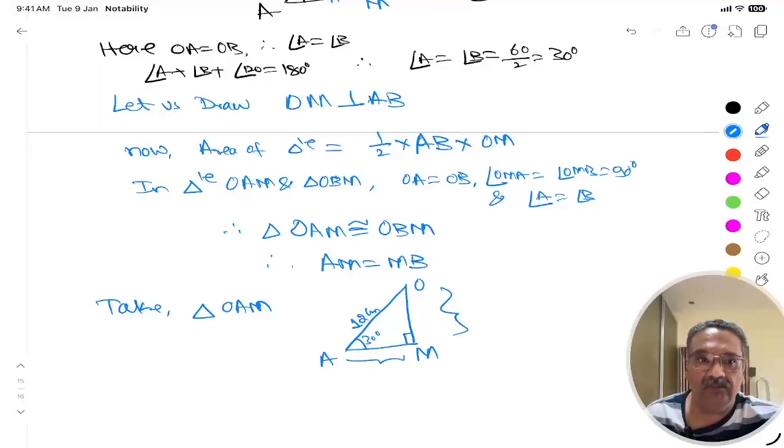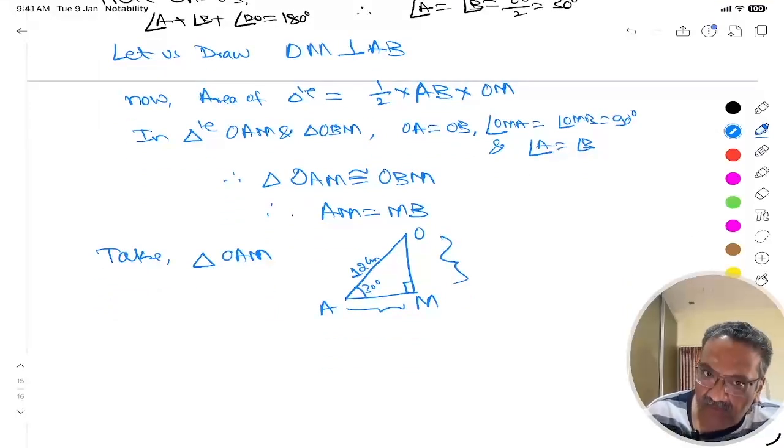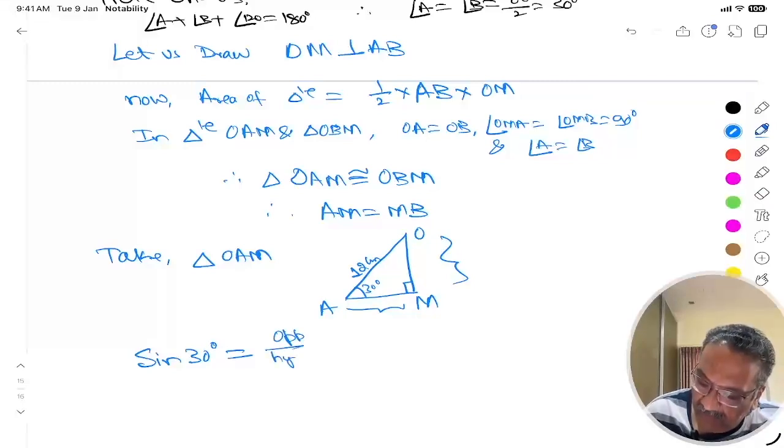Which formula can we apply here? We can go for trigonometry. Sine of 30 degrees is opposite by hypotenuse, that is OM by OA.